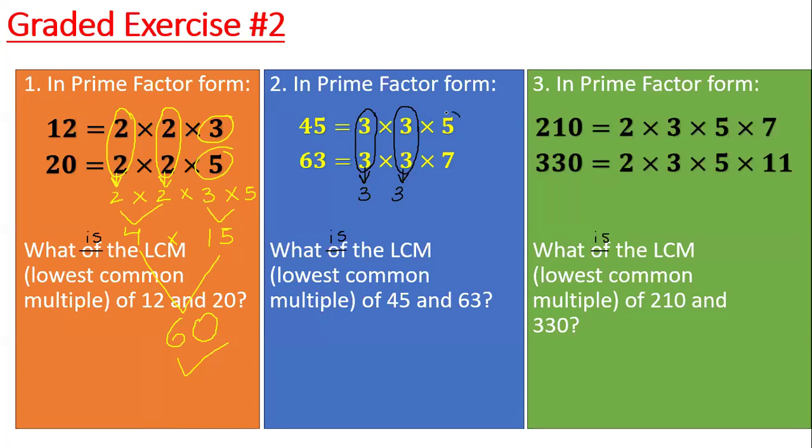That's correct. And then you can multiply 3 times 3, which gives you 9. Yes. 5 times 7, which gives you 35. That's correct.